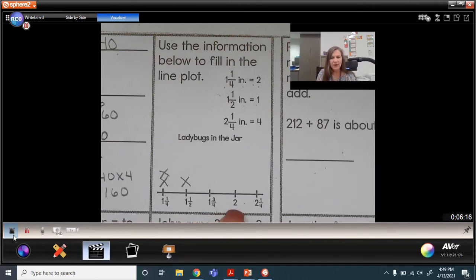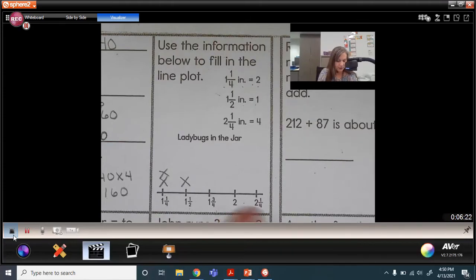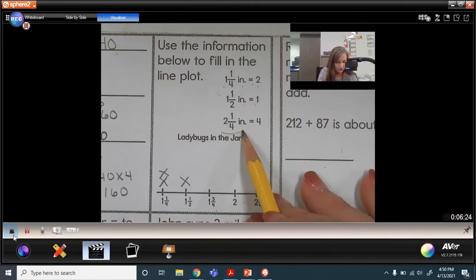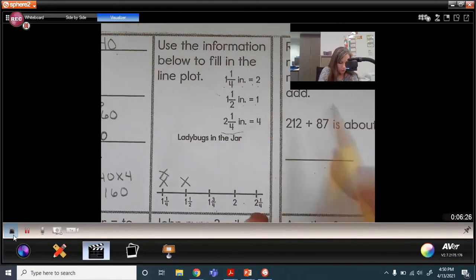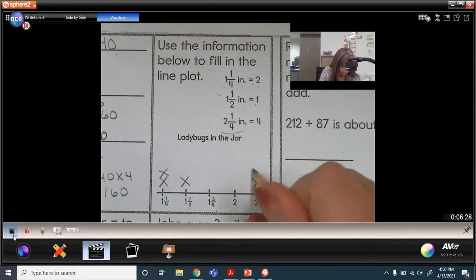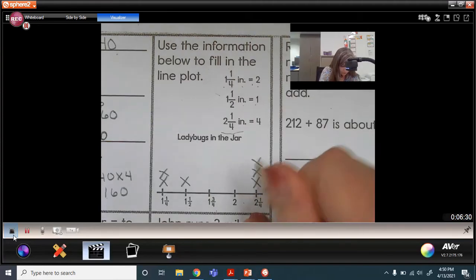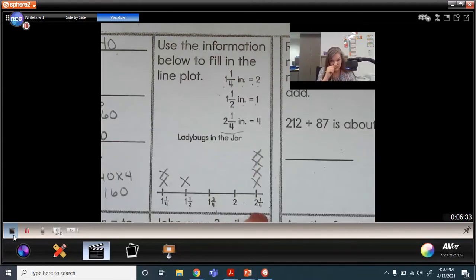We don't have any above the 2 inches, so we won't put any above that measurement. But if you notice here, at 2 1/4, there are 4 that are shown there for 2 1/4. So that's our line plot.